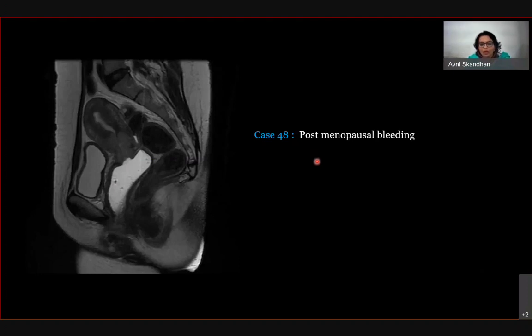Now, this is a patient who has had postmenopausal bleeding. Spot case, CA cervix. Very good. So if you don't see such a big mass lesion sitting here also, what is the one single thing that you're going to look at on an MRI that is going to tell you whether there is a CA cervix? What is lost in a CA cervix? So what is the thing that you look for in a cervical MRI?